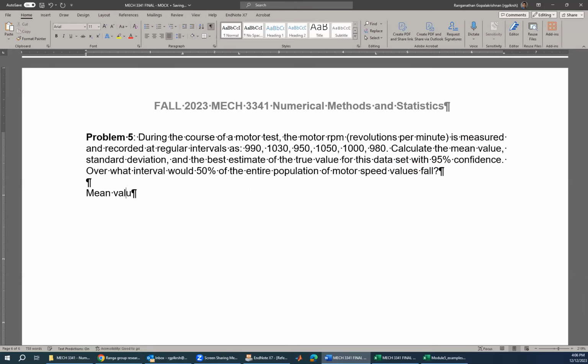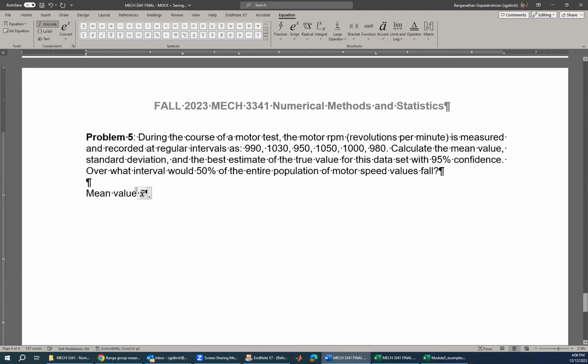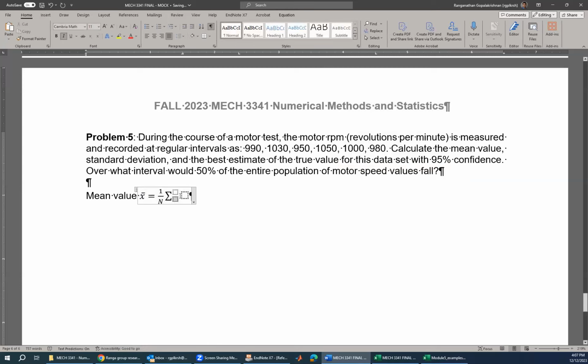Mean value. So if I write that, it is x bar equal to 1 over n, the sum from i equal to 1 to n of xi.